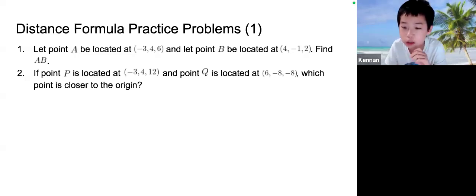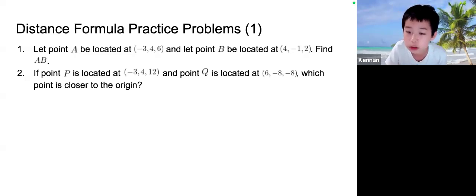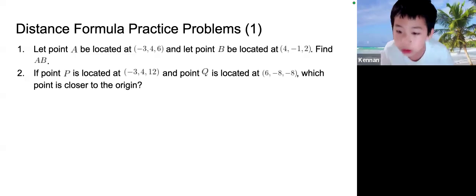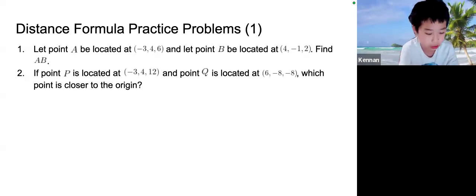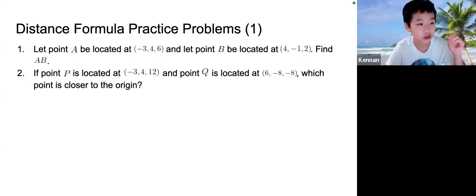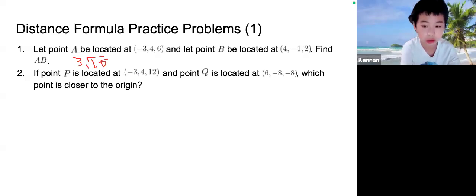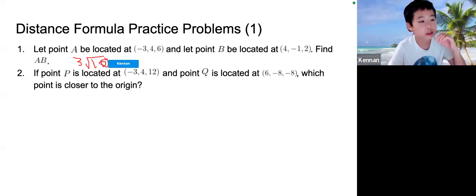I'll start explaining, I guess. Let's see. I got one answer. Let me check that. Yes, I think that's correct. So for the first one, the answer is 3 root 10. I'll explain that.